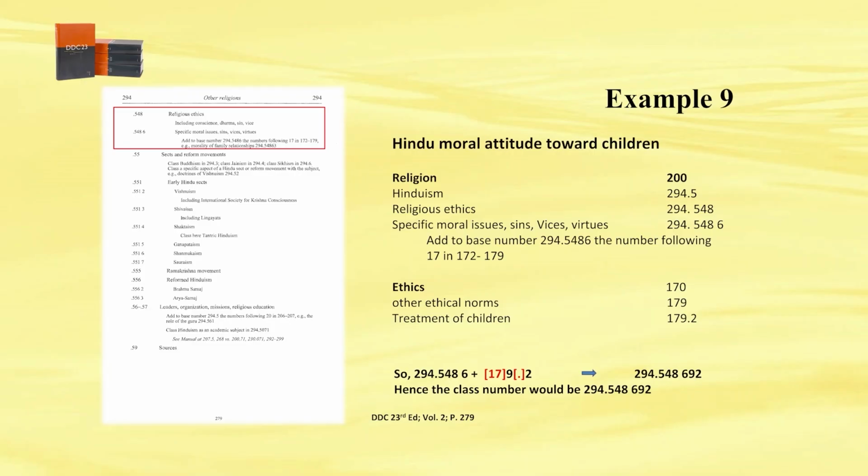So treatment of the children is 179.2. As per the instruction, we have to add the number for treatment of children to Hindu religious ethics. The religious ethics of Hinduism was 294.5486.